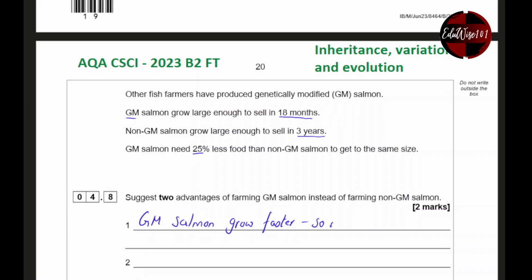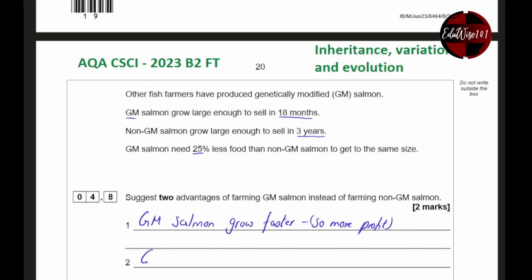So more profit. Imagine if you're growing genetically modified salmon and normal ones, within 18 months you can sell these salmon and get your profit, whereas the normal one will take 3 years for you to get the money back, right?